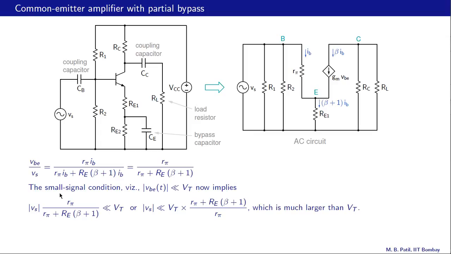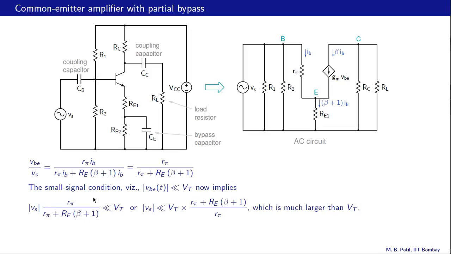The small signal condition, namely VBE much smaller than VT, now implies the following, and let us see where this comes from. We have VBE equal to Vs times this factor, and therefore if VBE has to be much smaller than VT, that means Vs times this factor must be much smaller than VT.